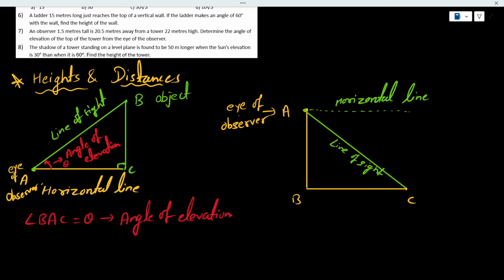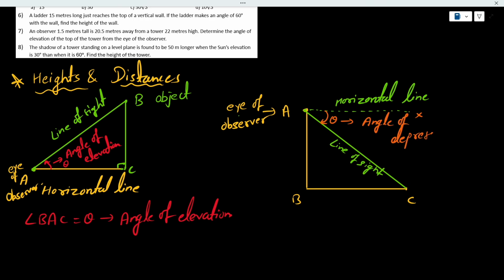Now, this is the angle of depression, because depression means from top to bottom, right? So this is the angle theta, or if I write it as x, this is called the angle of depression because it's from the top to the downside.